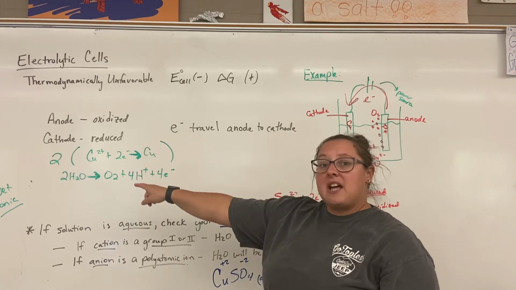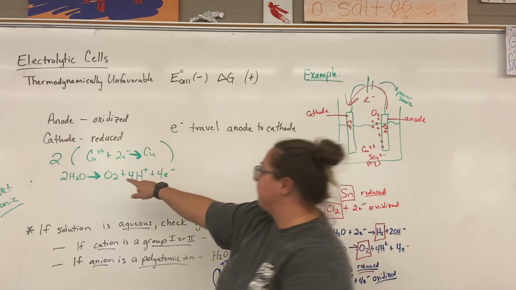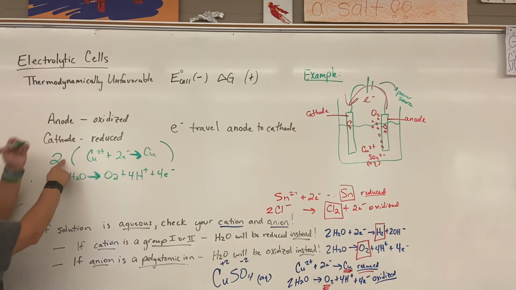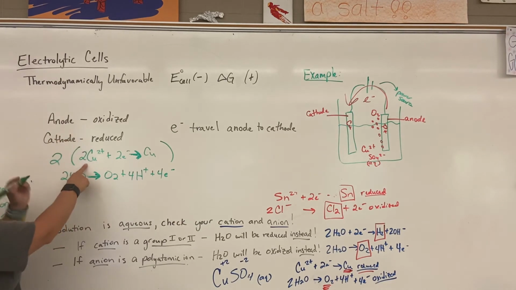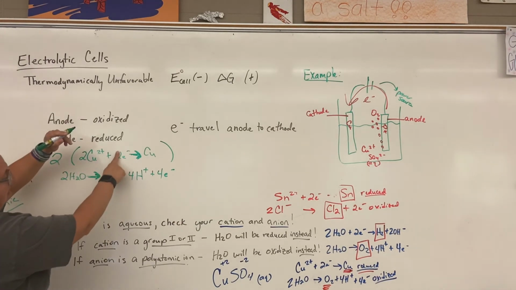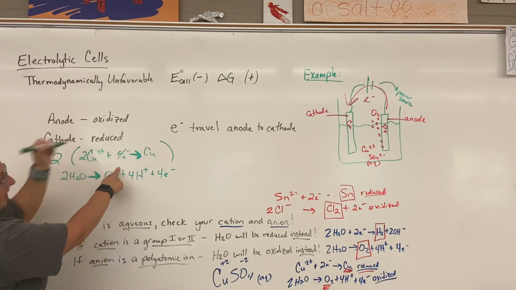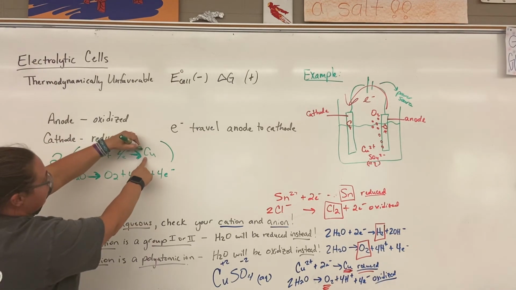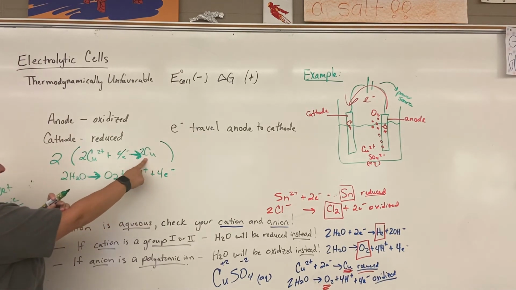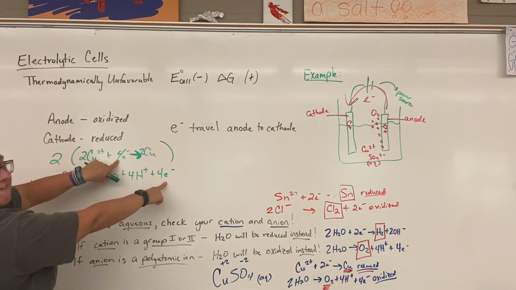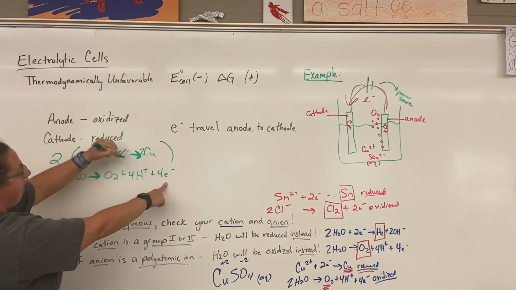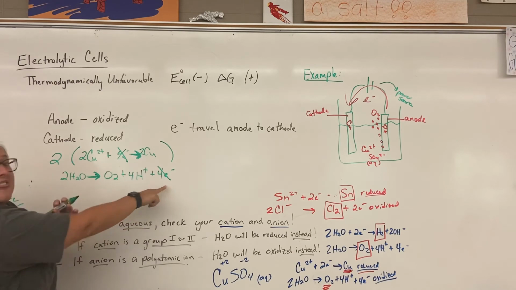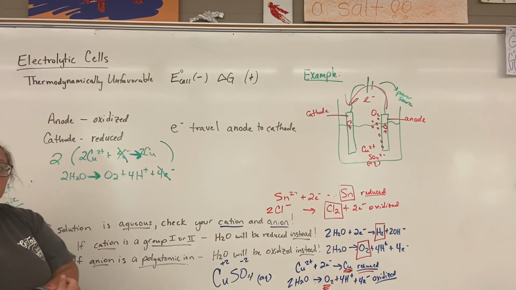If I multiply that entire reaction by 2, this 2 distributes, so I now have 2 Cu2+, 4 electrons, and 2 Cu that are present here. I now have balanced my electrons on opposite sides, and they are able to cancel out.